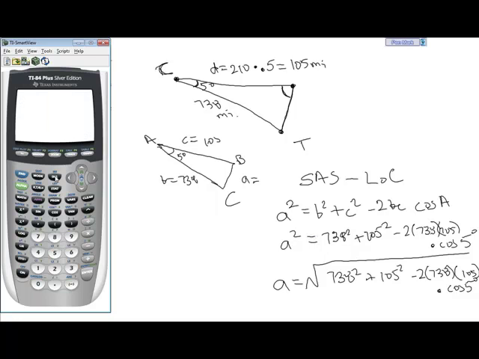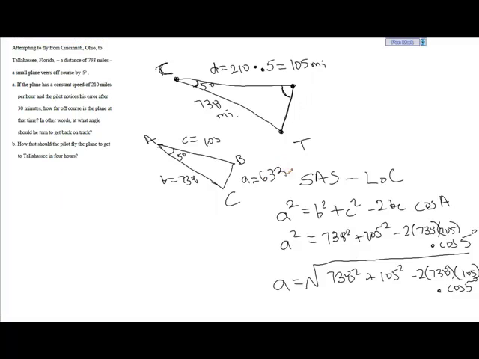So I will exit, and I will go ahead and do the square root of 738 squared plus 105 squared minus 2 times 738 times 105, close the parenthesis, and so we get that that side equals 633. So we come over here and we'll label this 633.